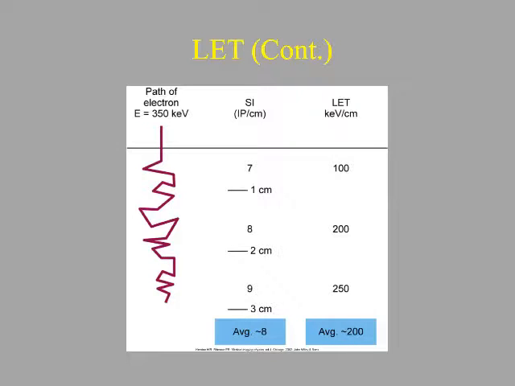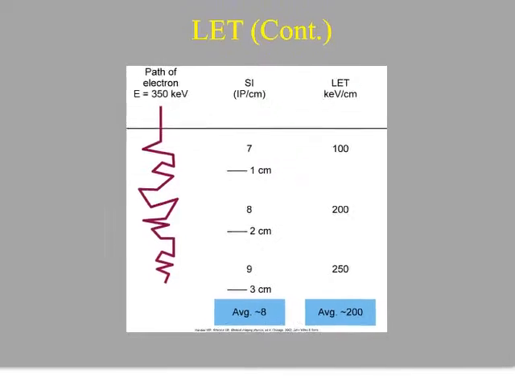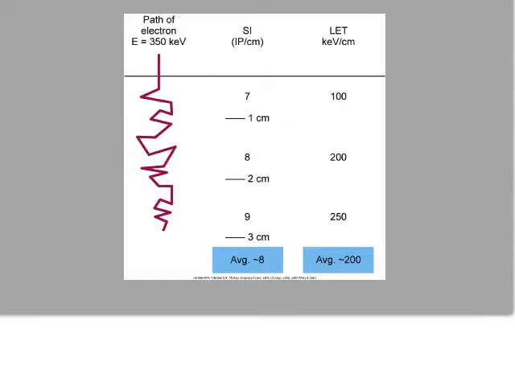So here is that illustrated, just kind of graphically, the path of an electron. You can see it's bouncing around, right? And the LET is measuring how much energy is deposited as it moves through different depths of tissue.